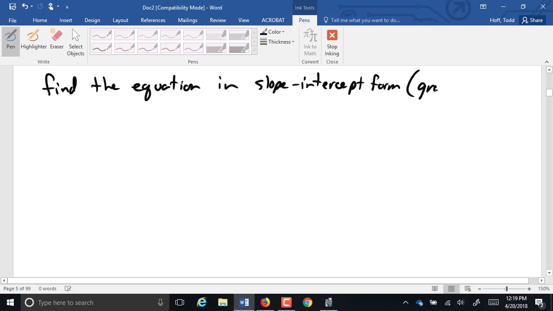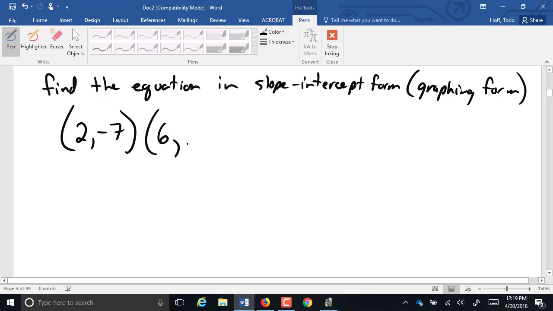Slope-intercept form, by the way, is sometimes called graphing form, because remember, that is the form we needed it in to graph it quickly. So find the equation in slope-intercept form for the line going through the points 2, -7, and 6, 1.